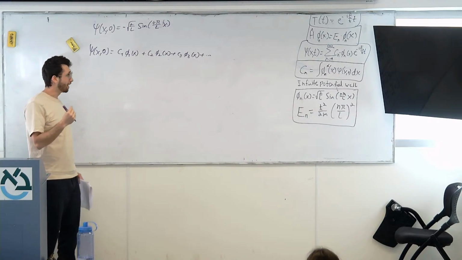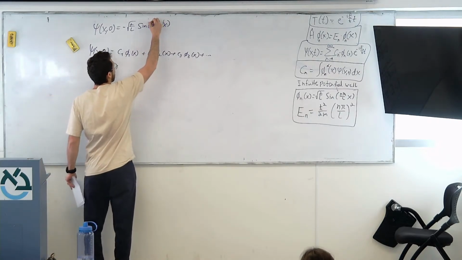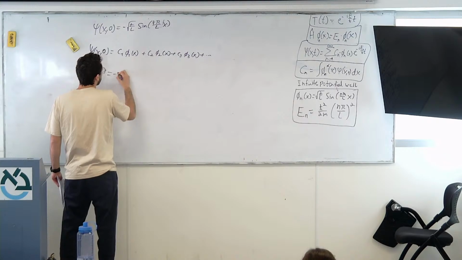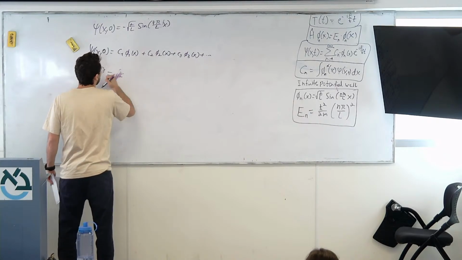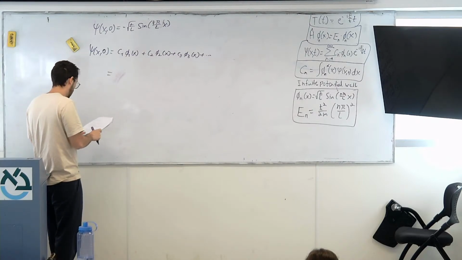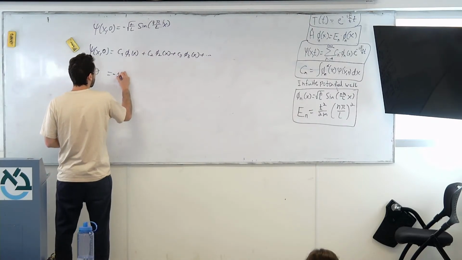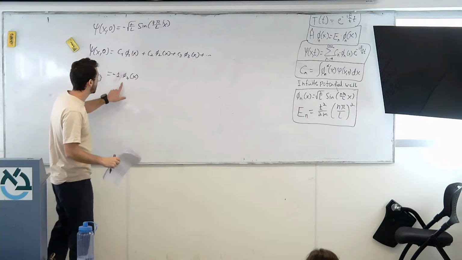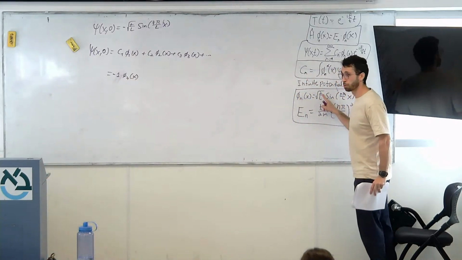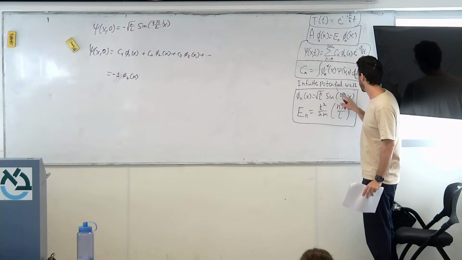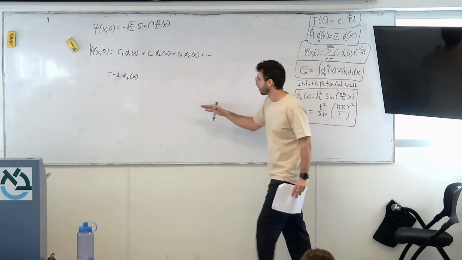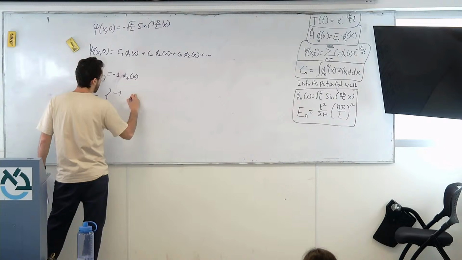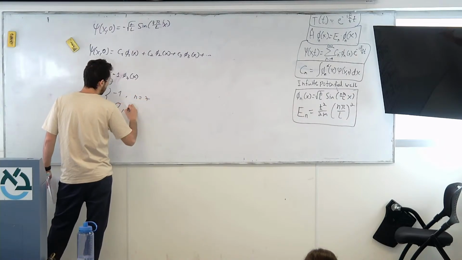If our eyes are very sharp, because here we have 7, we can write that it equals just minus 1 times phi 7 of x. Because what is phi 7 of x? It's square root of 2 over L times sine 7 pi over L x. Hence, I can want Cn in general to be minus 1 if n equals 7 and 0 otherwise.